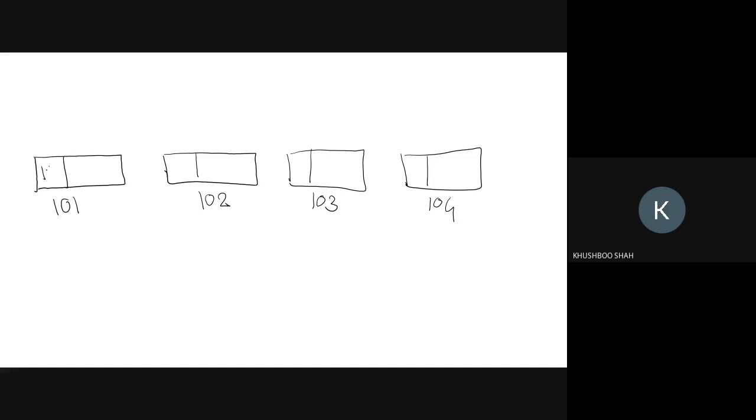Let's say here I have 10, 20, 30 and 40, and as we know my start pointer will contain the address of the first node. So 101 would be over here, and this start pointer will point to this location.